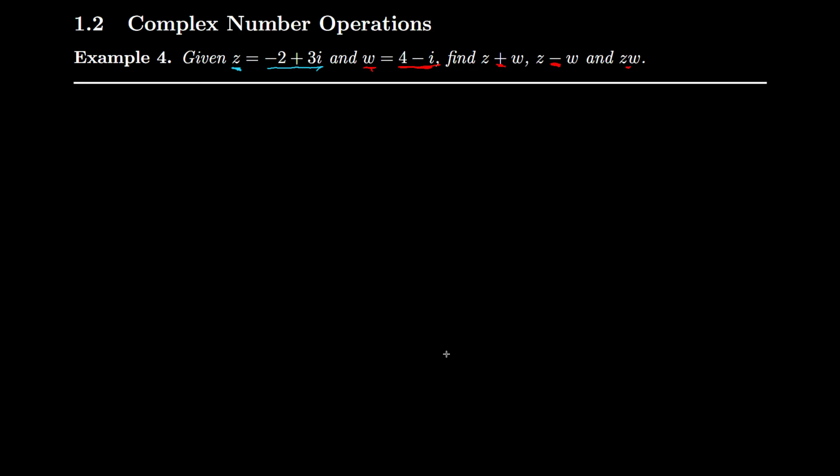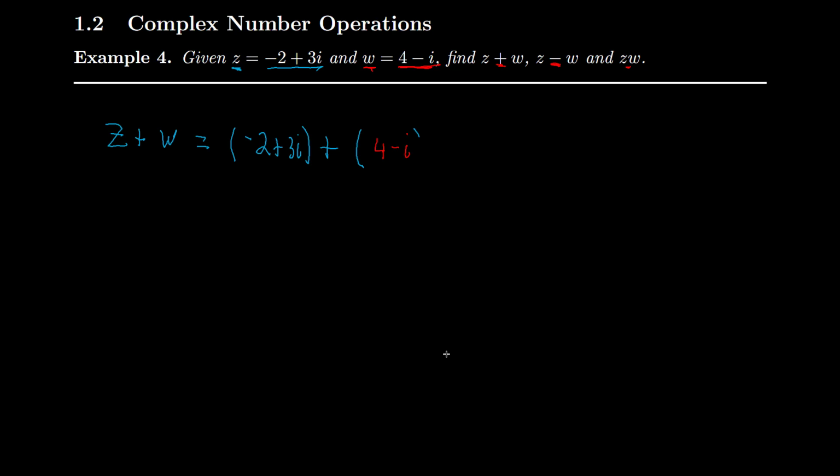Let's start with z plus w. So z plus w is just equal to, well, what was z? Z is just negative 2 plus 3i. Okay, and then we were asked to add them to w, which was 4 minus i.